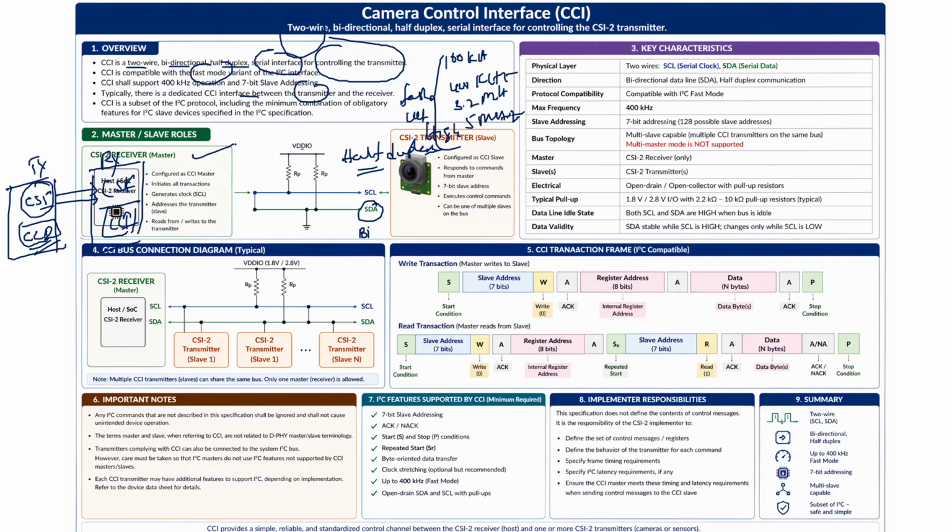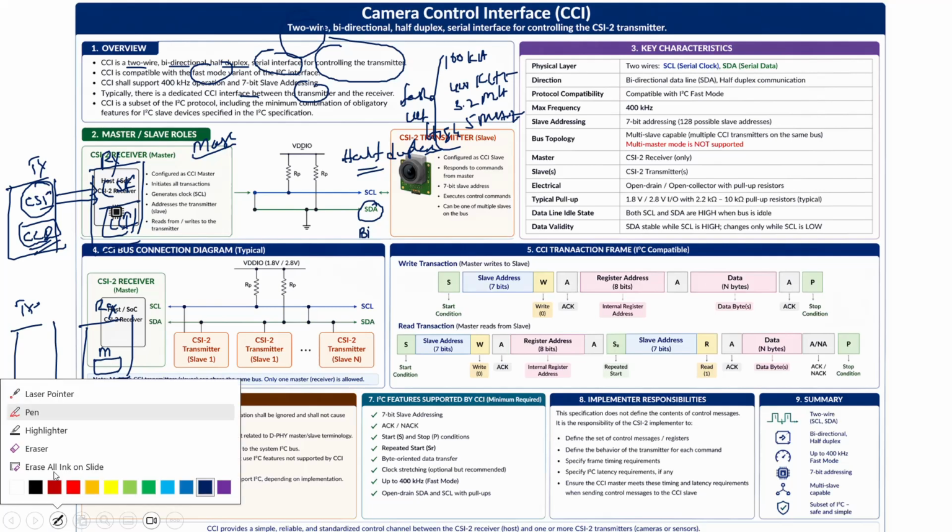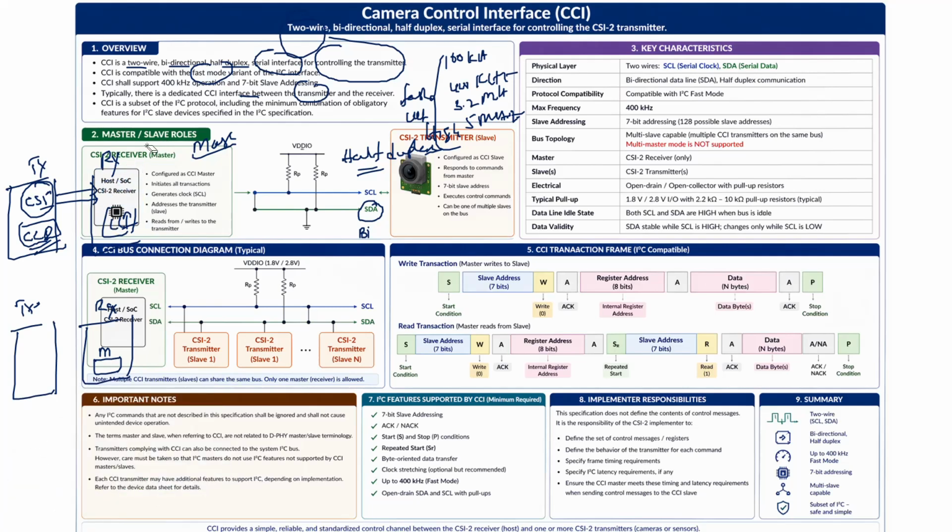In the CSI receiver, what do we have? We have a master, because this is the transmitter side, and on the receiver side we have another one. This is the CCI part. This CCI part is the master on the receiver side.